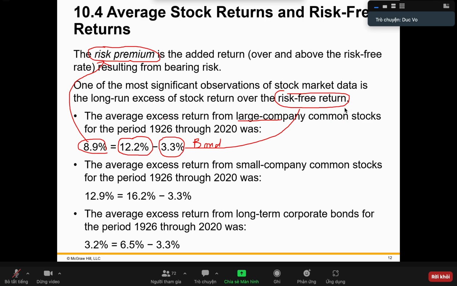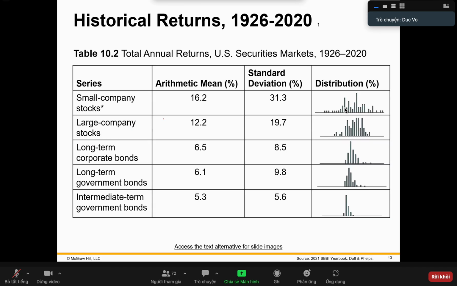Because when you invest in government bond, you take no risk. But when you invest in, let's say, Coca-Cola, for sure, then you face the risk. And the difference between them, they call risk premium. So risk premium is simply the additional return you get just because you now take on risk. So that's what we call the risk free and the risk premium.